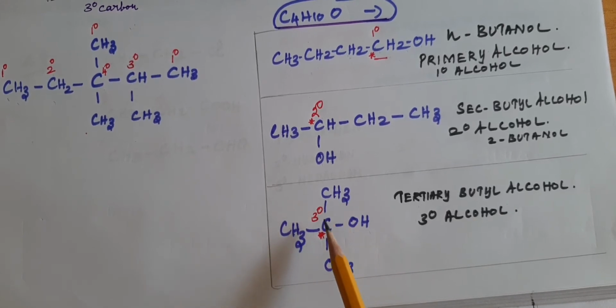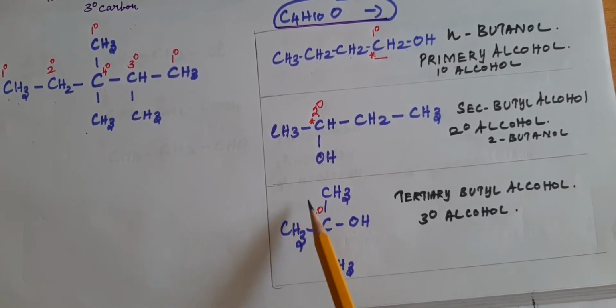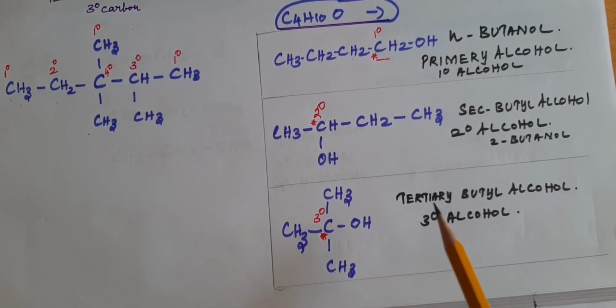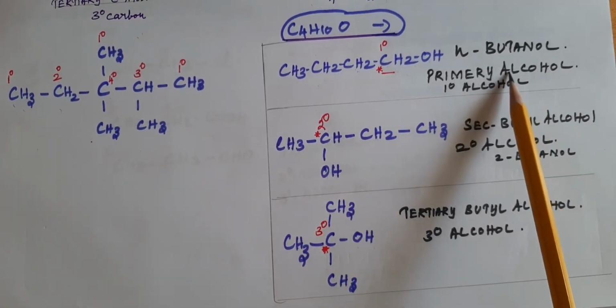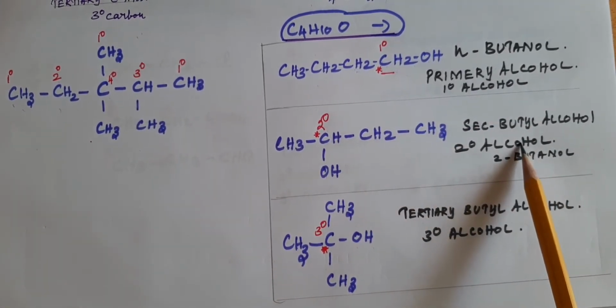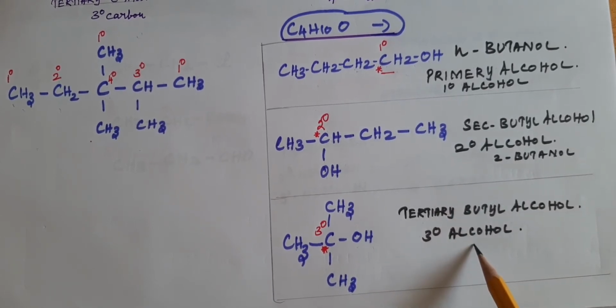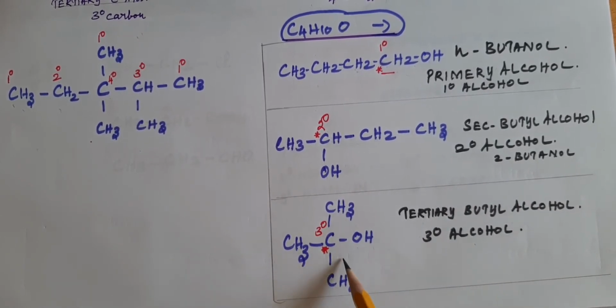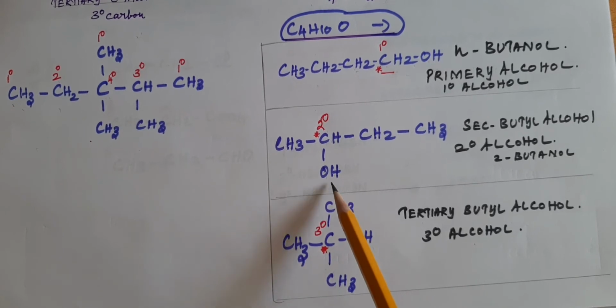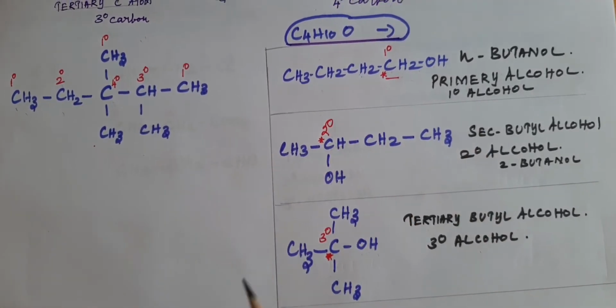It is also called 2-methyl-2-propanol. So a primary, secondary or tertiary alcohol depends upon what carbon atom the OH group is attached to.